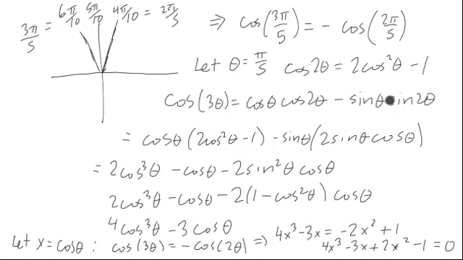Now what about over here? If we use the identity for sine 2 theta as 2 sine theta cosine theta, we can rewrite this as 2 sine squared times cosine theta, then sine squared is 1 minus cosine squared. All of a sudden we have everything in terms of cosines. Combining like terms, we end up getting what we wanted: 4x cubed minus 3x is equal to this. We can put it all on one side and we have a polynomial set equal to 0. Now we know that x equals cosine of pi fifths is a root of that polynomial.